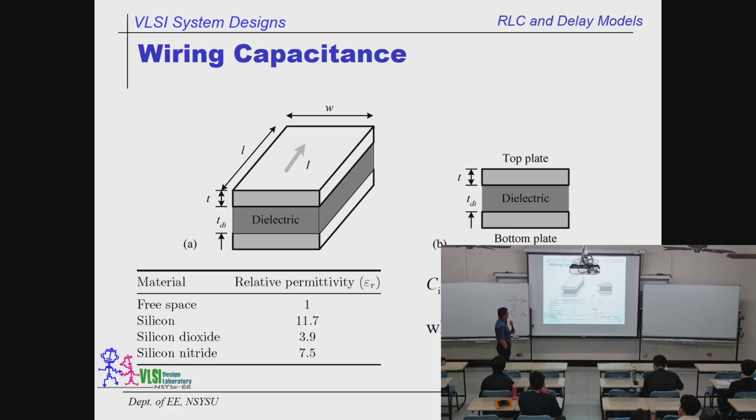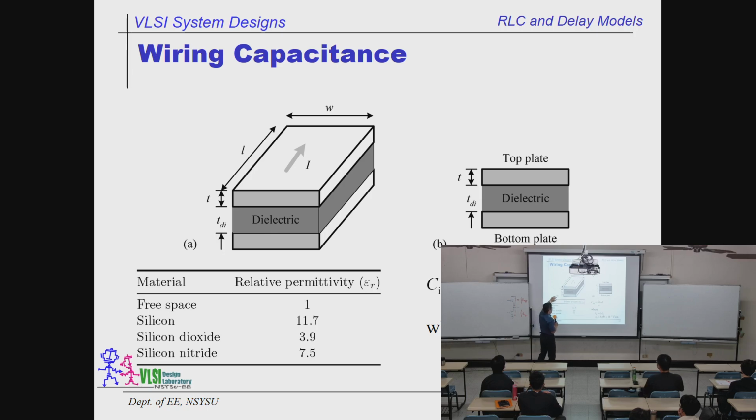So this is a basic idea. It's called a wiring capacitor, all right? So we have two parallel conductors. The size is defined by length with a small l, width a small w, and the height of that conductor is t, thickness.